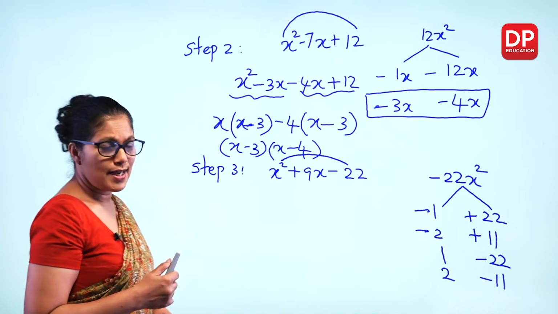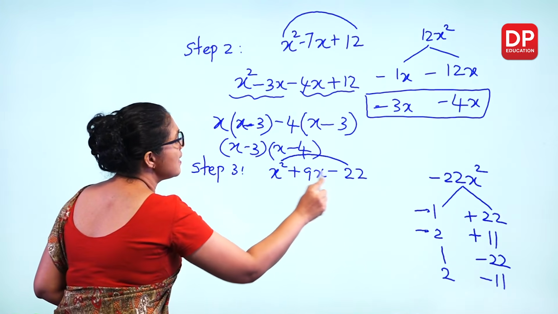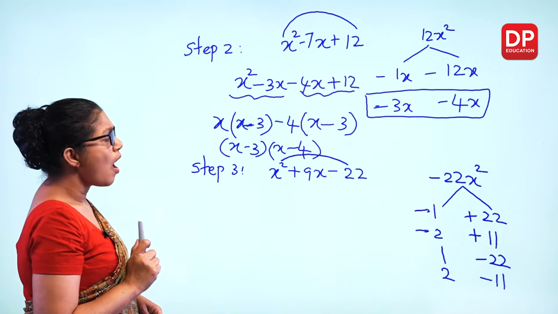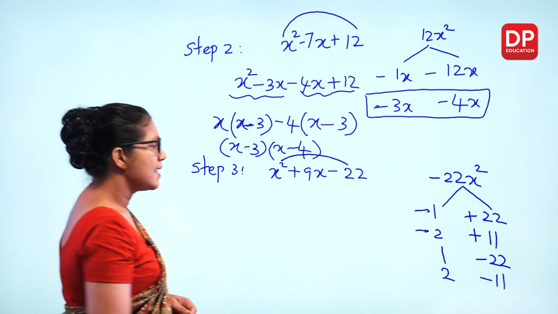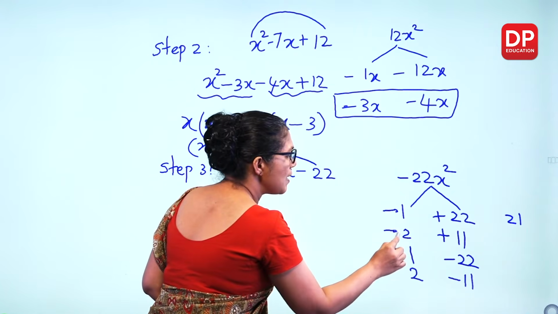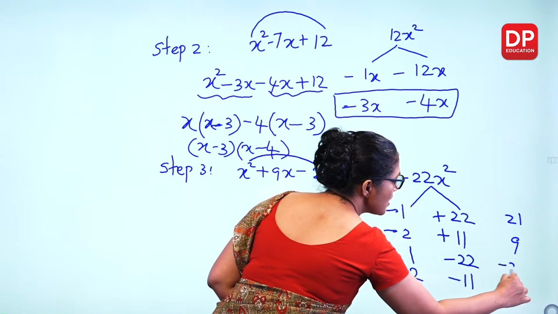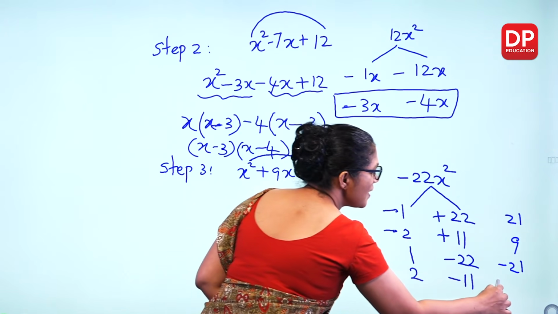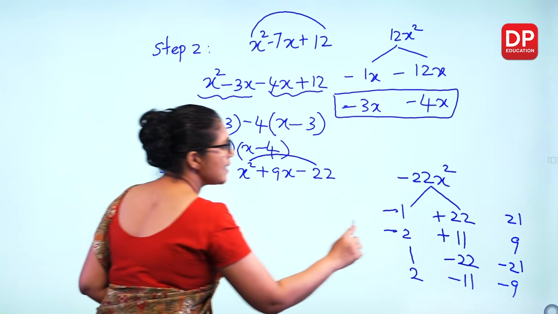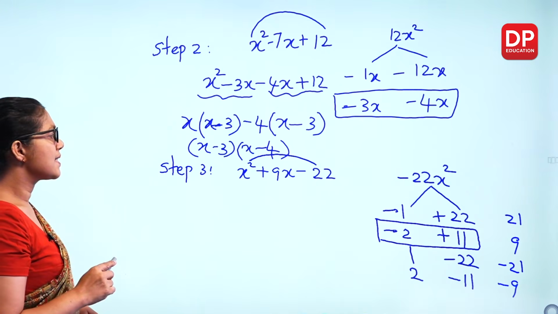Now we need to find, when you add the two factors, that you get plus 9x. So how can we get plus 9x? Plus 22 minus 1 is 21. 11 minus 2 is 9. 1 minus 22 is minus 21. 2 minus 11 is minus 9. So which one is suitable now? To get plus 9, we have to choose minus 2 and plus 11.